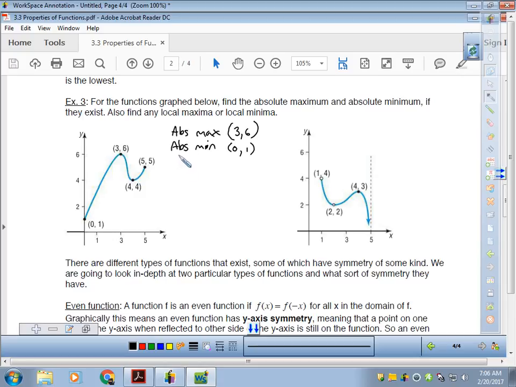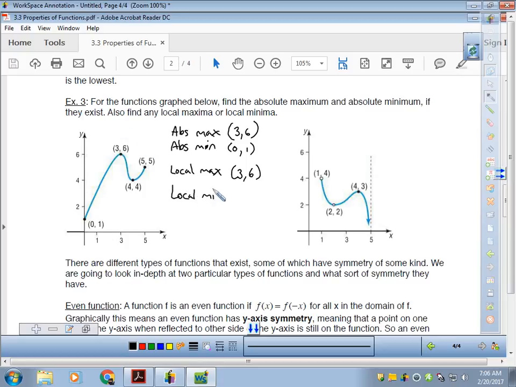All right. The next thing is local maximum and local minimum. Local max. Do we have any places where it goes from increasing to decreasing? Yeah, we do, right here, which is at 3, 6. Notice the local max and the absolute max happen to be the same spot, and that's okay.